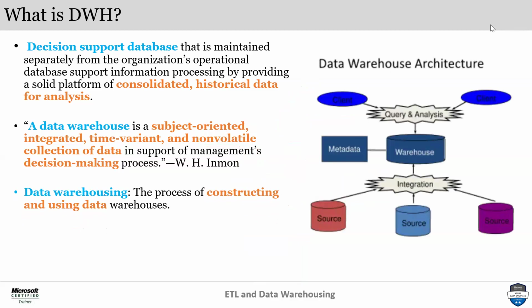If I summarize, the data comes from multiple sources, is integrated and stored in the warehouse, and a business analyst or reporting developer fires queries on top of the warehouse and does the analysis on top of this data.